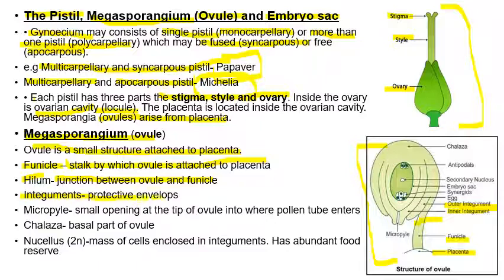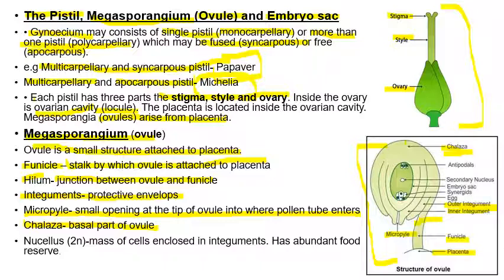These are protective layers. Sometimes there may be only one integument. Then there is an opening called micropyle. This is the small opening at the tip of the ovule from where the pollen tube enters. Opposite to the micropyle, the basal part of the ovule is called chalaza, also called the chalazal end.